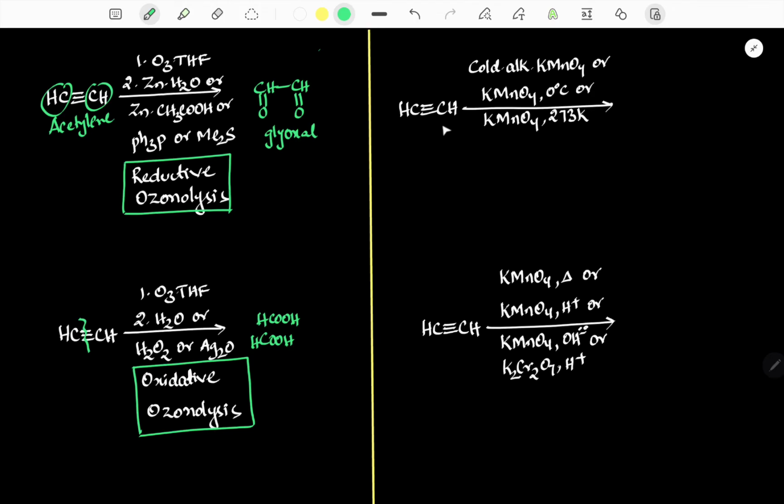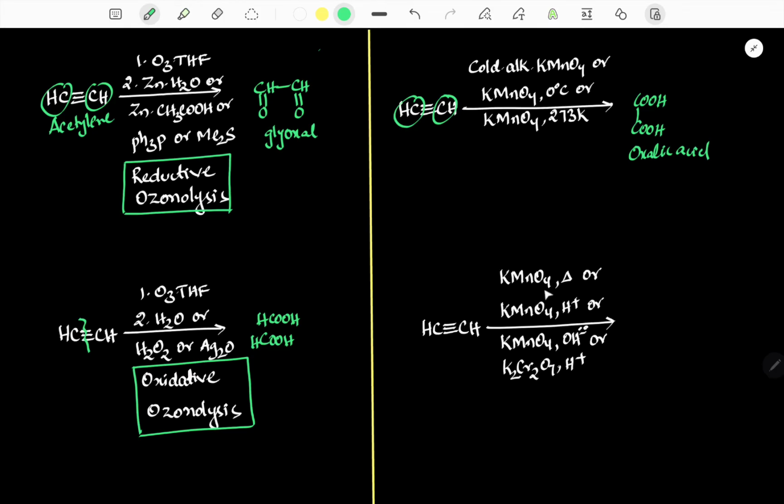When acetylene is treated with cold alkaline KMnO4, or KMnO4 at 0 degrees Celsius or 273 Kelvin, both carbons will be converted into carboxylic acids without dissociation of the C-C bond. It is known as oxalic acid.